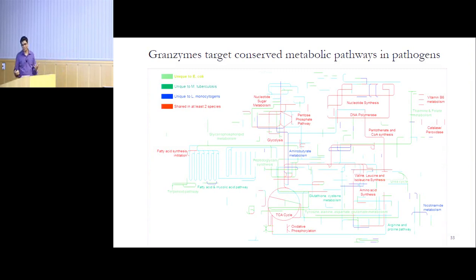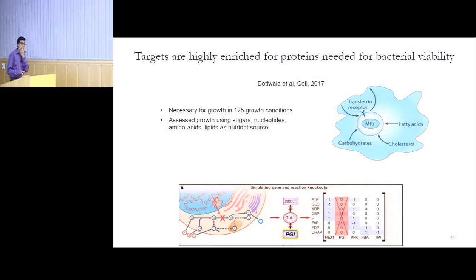So we want to ask the next question: what happens when you downregulate or inhibit these enzymes, and how does that impact the bacteria? One cool thing we found was that when we did the modeling where we downregulated these enzymes, the bacteria was unable to grow in over 125 different conditions. This is interesting because most of the pathogens in the body have a very flexible metabolic network. When you normally grow bacteria in culture, you usually give glucose or amino acids to grow.